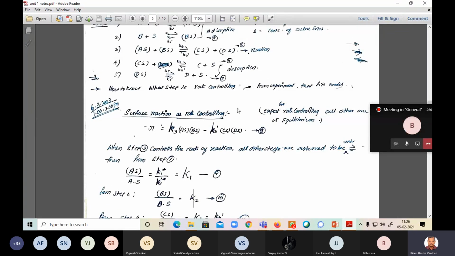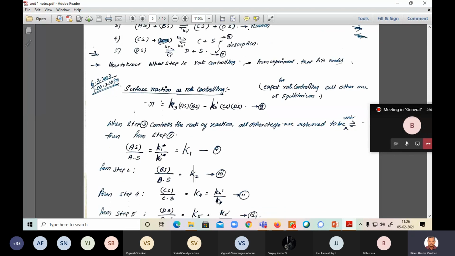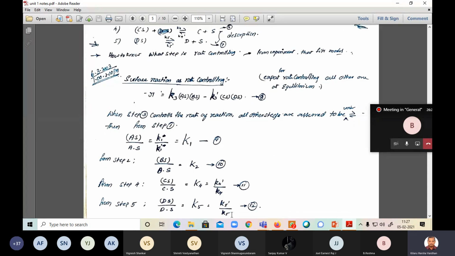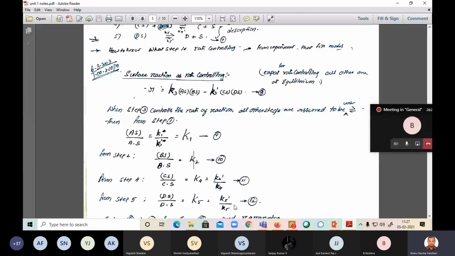Here it is on the left side. Therefore K4 is K4 dash divided by K4, whereas for this, K1 is K1 divided by K1 dash. It will be reversed, right? Just see. Like that, you can write for D.S, the fifth step, K5 is K5 dash by K5. Right? Any doubt till now?